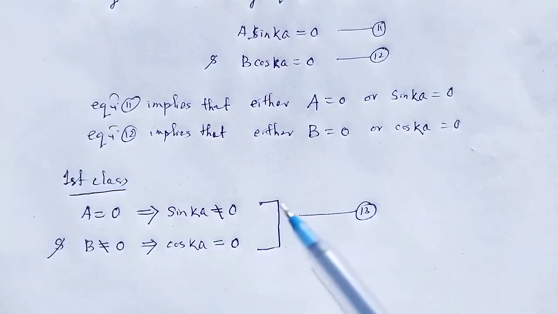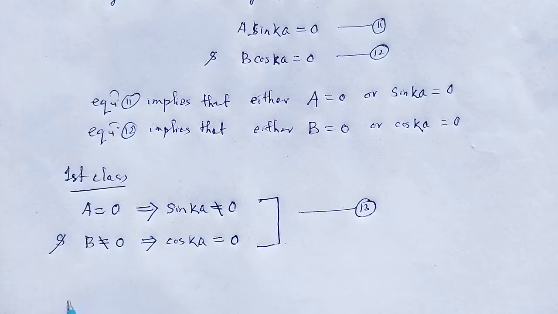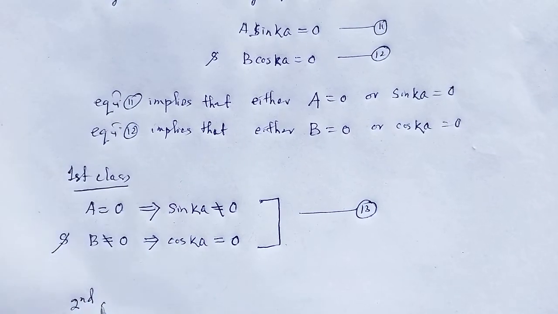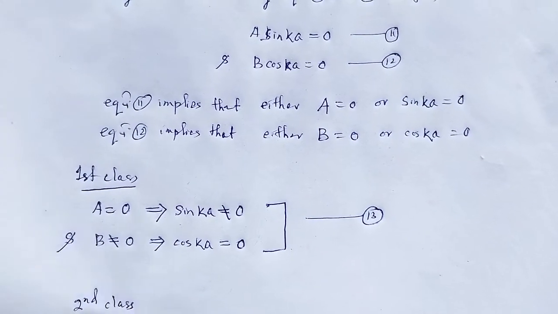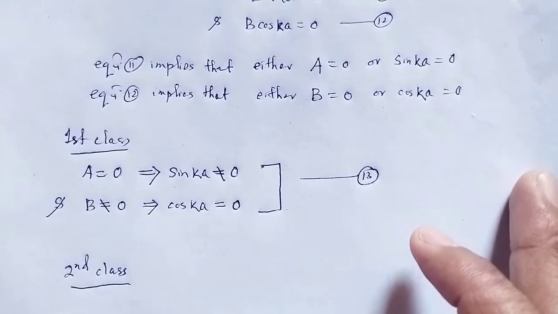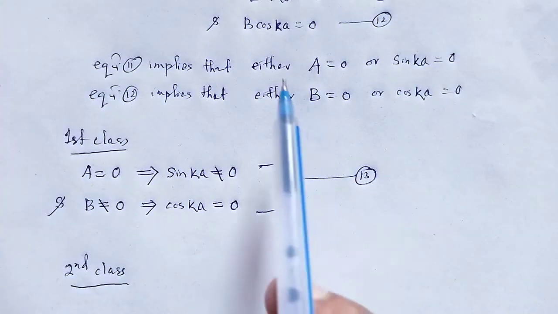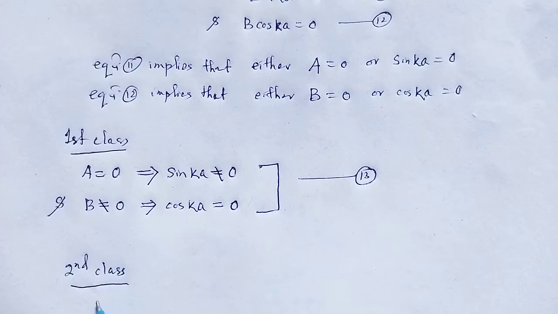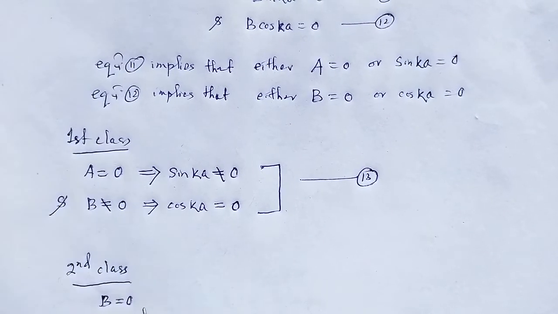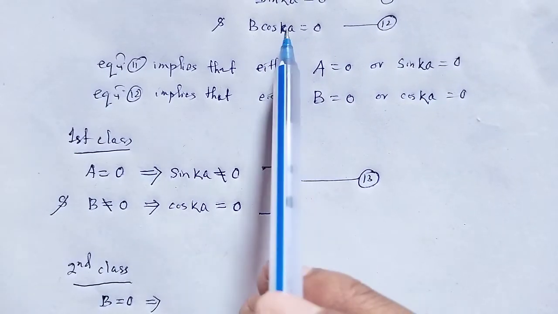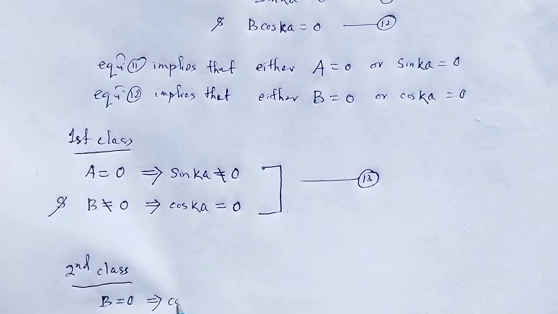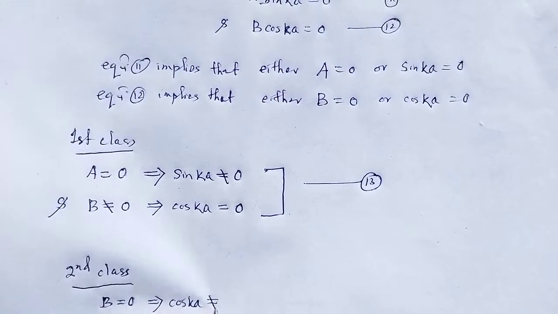Next, another class will be found, the second class. The second class of solutions we derive when b is equal to 0, which indicates cos ka is not equal to 0.